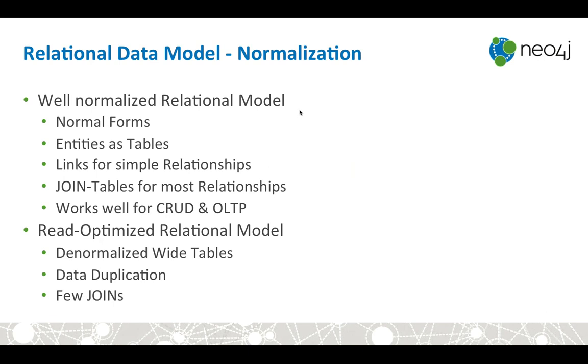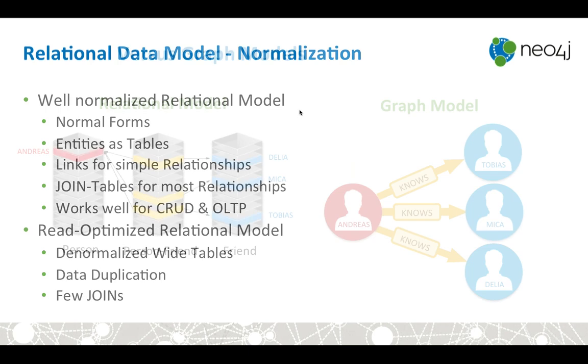If you look at the relational model, there's a big discussion around normalization, right? So usually you start from the conceptual model with a model that's really well normalized. So you have your entities, attributes of the entities that are redundant are pulled out as separate entities, and it's really easy to reason about, really easy to understand, and that's where all the normal forms for relational databases come from.